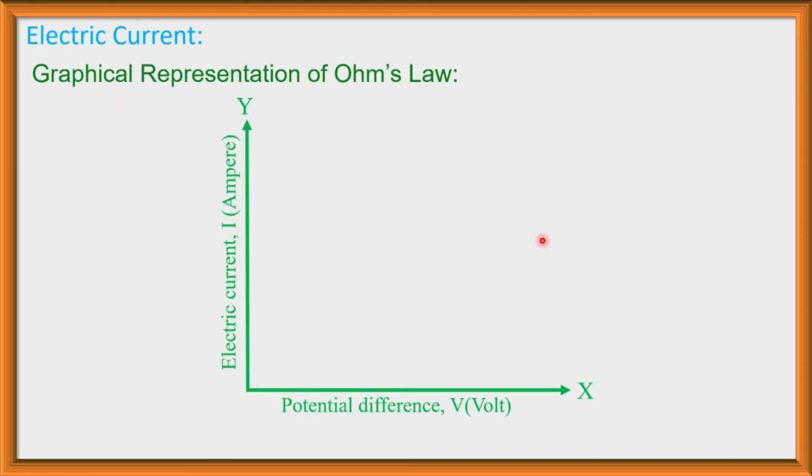Now what will be the graph of electric current I versus potential difference V? This is the graph of Ohm's law.